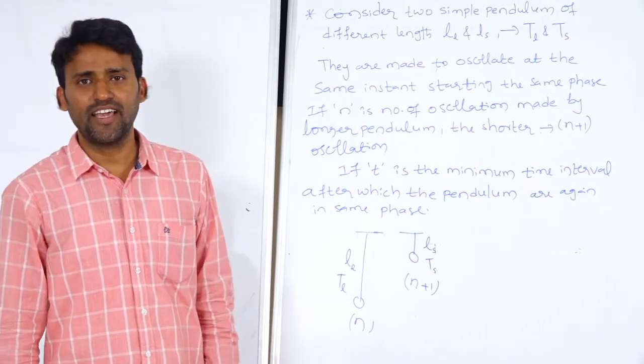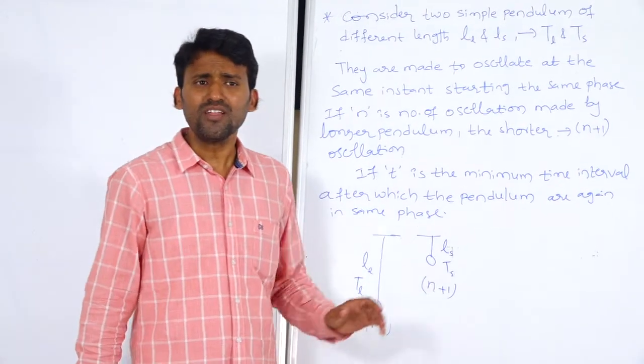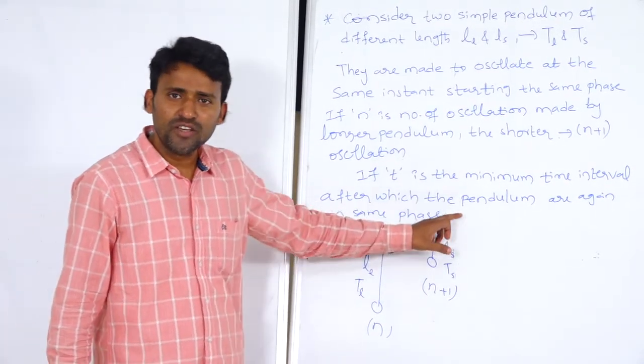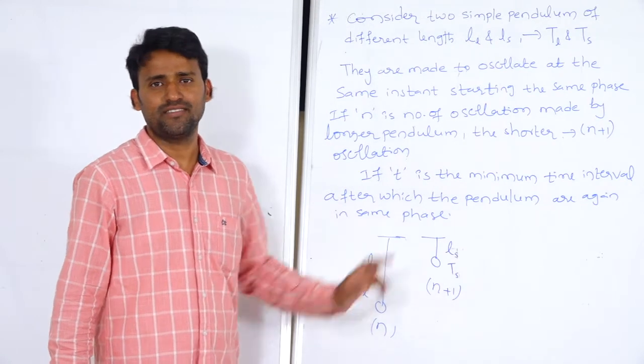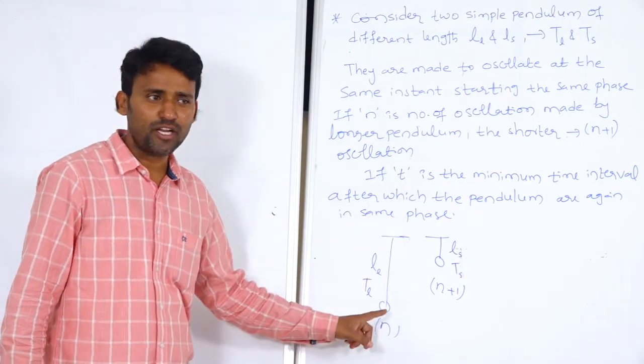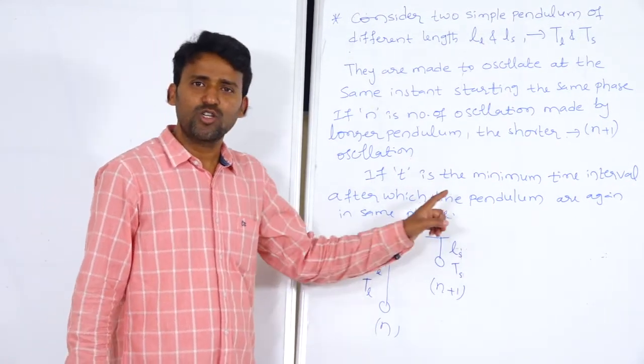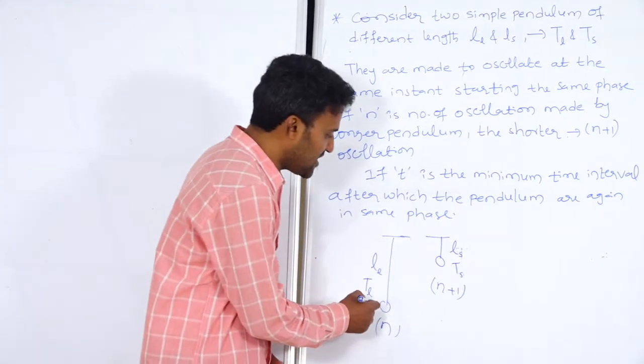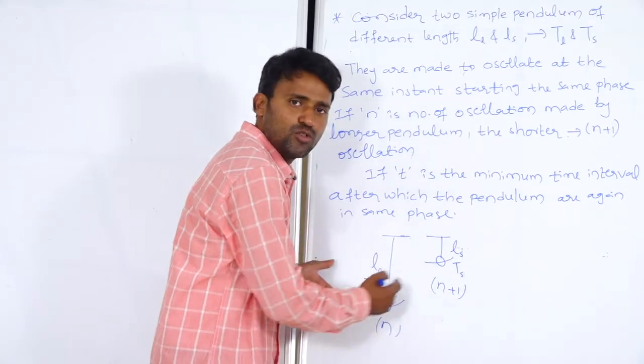For your understanding, again I am repeating this. Length of the longer pendulum is LL, length of the shorter pendulum is LS. Time period for the longer pendulum is TL, and for the shorter pendulum it is TS. Both start oscillating with the same phase.